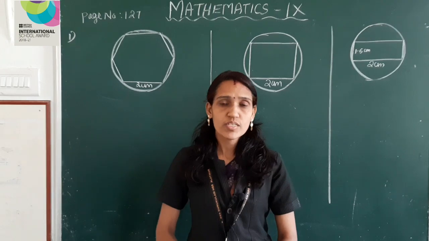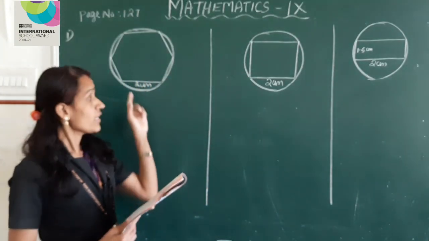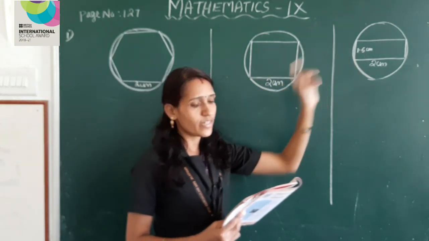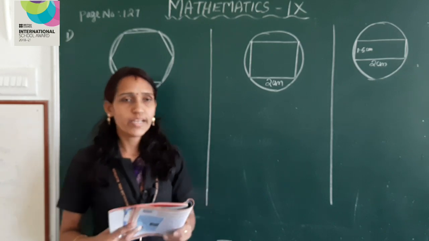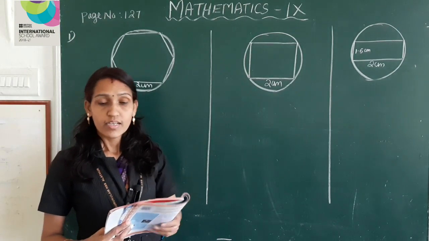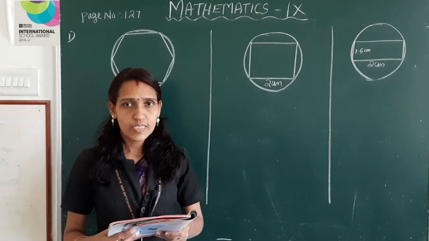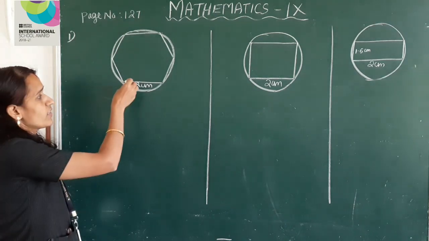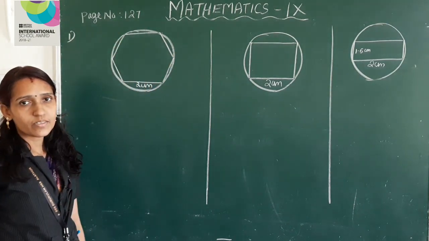Okay, first question. In the picture below, a regular hexagon, square and a rectangle are drawn with their vertices on a circle. Calculate the perimeter of each circle. First figure, it is a regular hexagon.